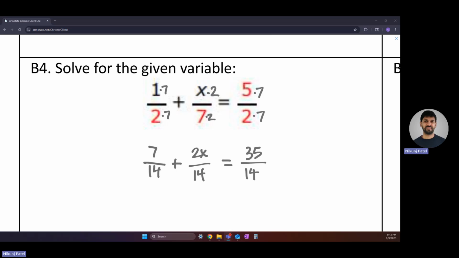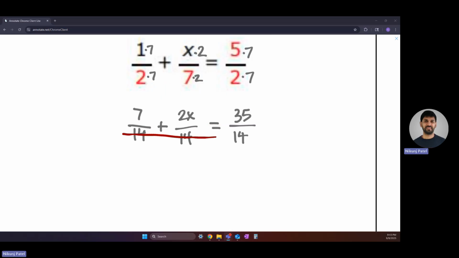So this is where your equation gets a little bit simpler once you have a common denominator. Once you have a common denominator, we can, in a sense, ignore these denominators now, and we just focus on the numerator portion as an equation itself. So just ignoring these denominators, since they're all the same, we can treat this as 7 plus 2x equals 35.